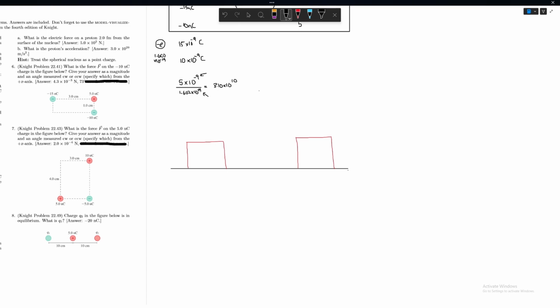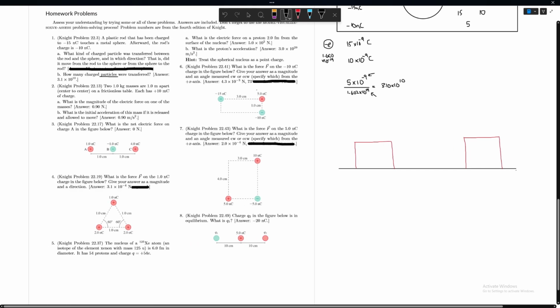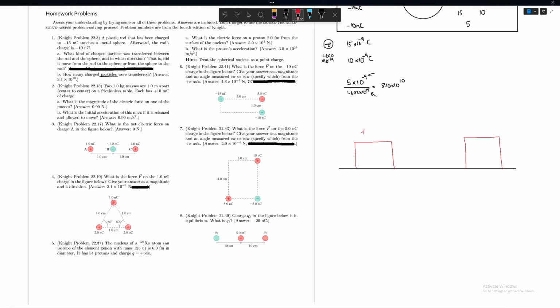And the distance apart, so it says 1 kilogram. So let's put 1 kg. This is also 1 kg. And so what this says is they are 1 meter apart from center to center.